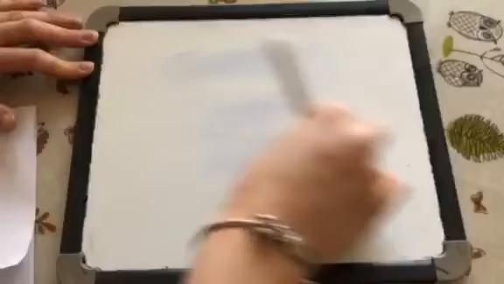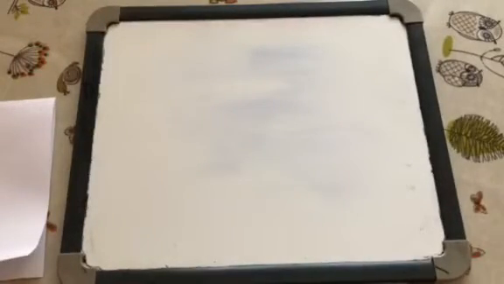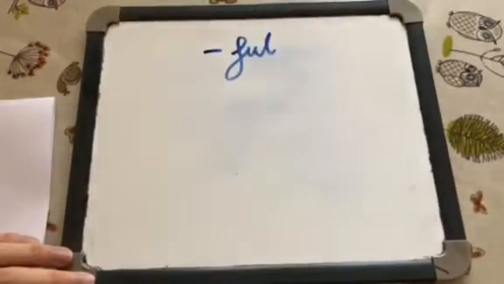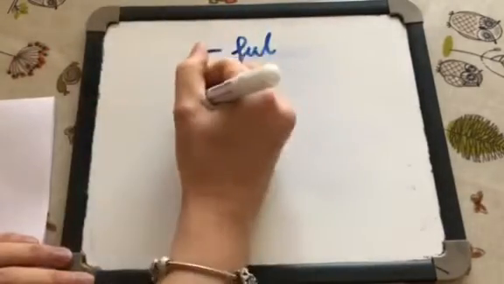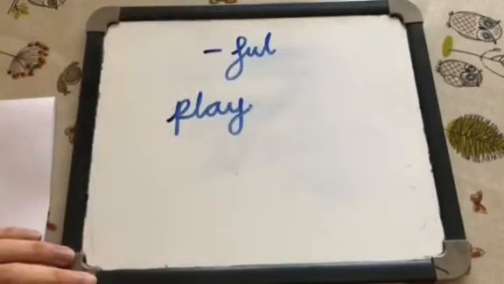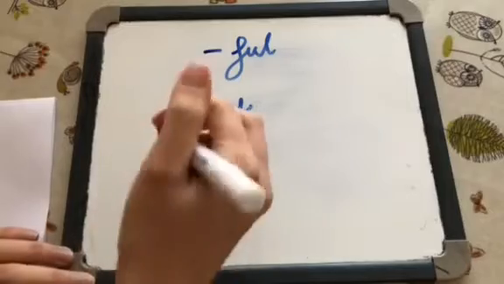So your warm-up is, can you explain to somebody, you could film yourself and show your teacher, can you explain the 3 rules for adding the full suffix? And you can use these words to help you. So how would I add full to the word play?